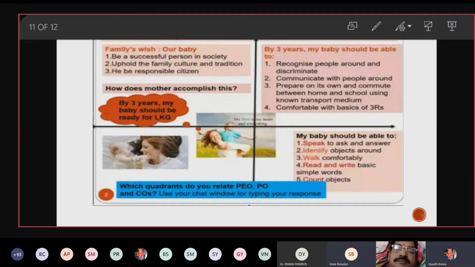Any more queries? No, madam. I hope people are posting in the comments which quadrant is which part of the program outcome, program educational outcome or course outcome.